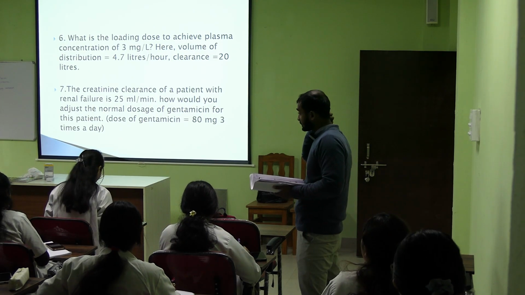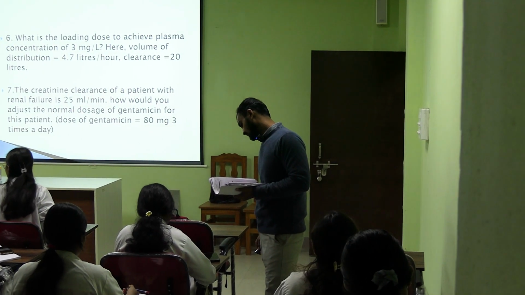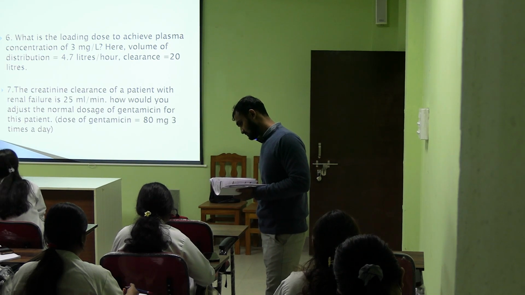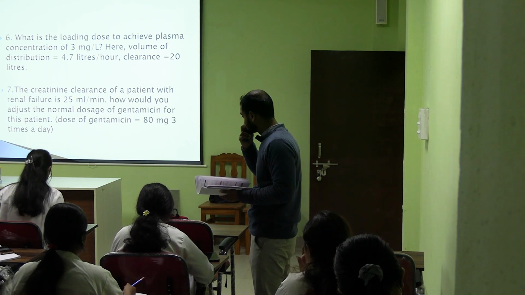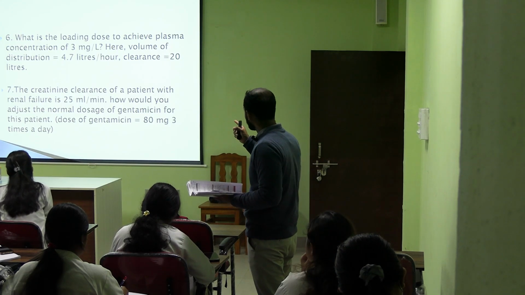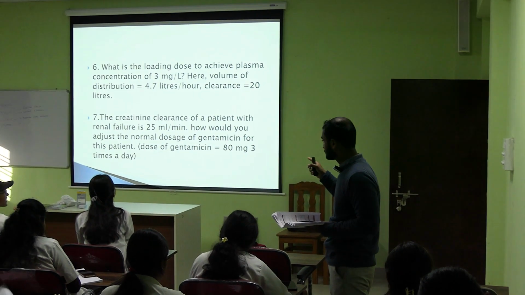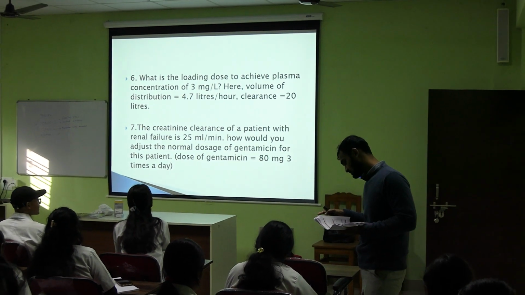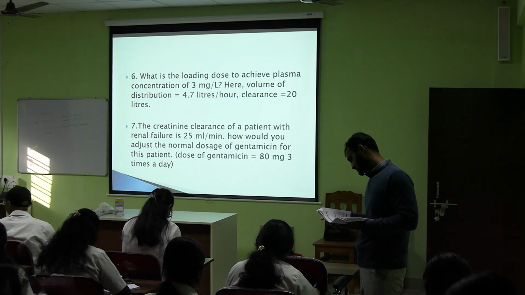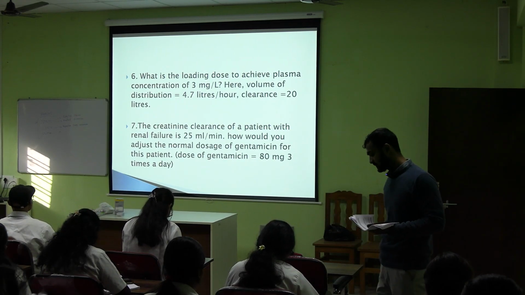Total dose calculation, that is adult dose multiplied by creatinine clearance in renal insufficiency divided by creatinine clearance of the normal patient.